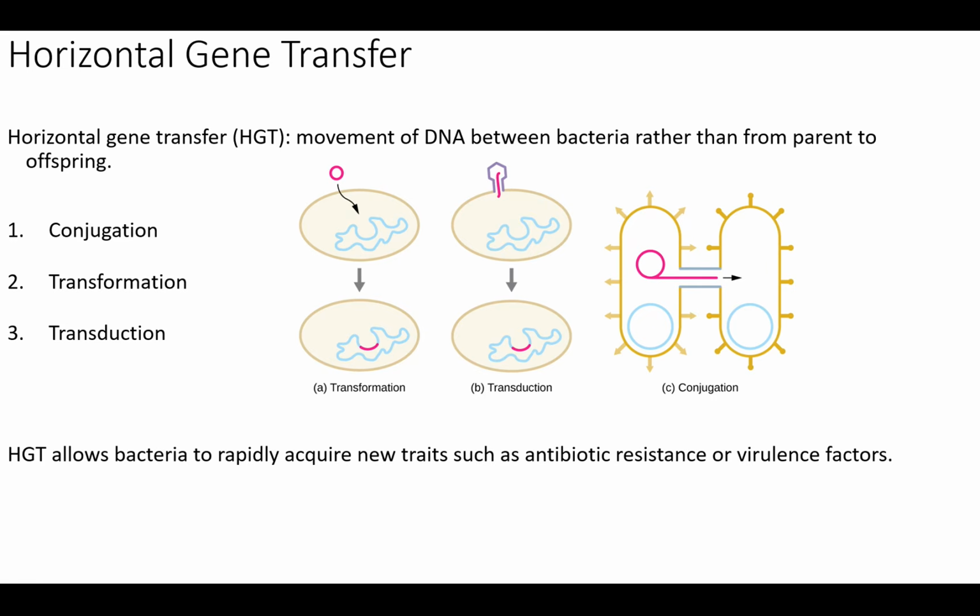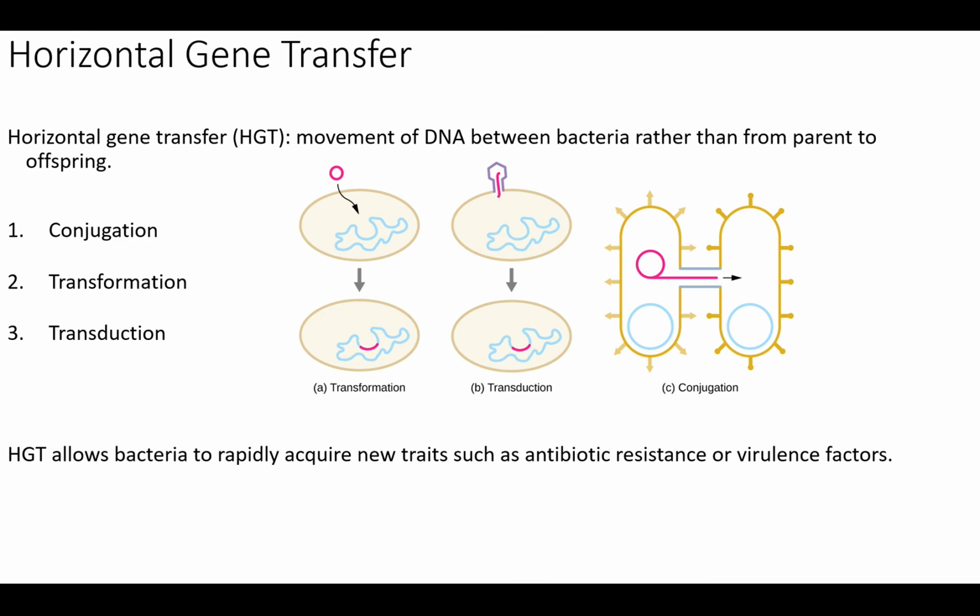So similar to what you're most familiar with, bacteria are going to pass DNA vertically from a parent cell to its daughter cells during reproduction. However, bacteria can also acquire DNA horizontally, either from other neighboring cells or from their environment.